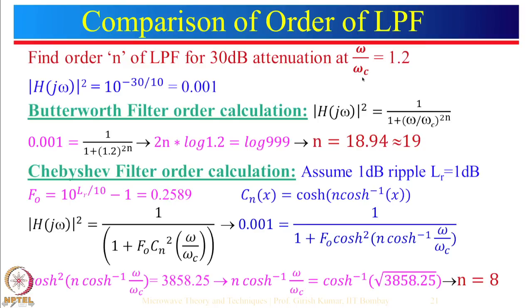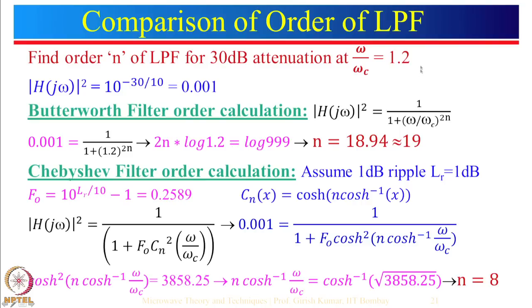Let us say the desired value is 30 dB attenuation at omega by omega c equal to 1.2. Just to mention, in our earlier slides we had mentioned this as omega 1. Please do not get confused, it is the same thing: omega by omega c, or omega 1 by omega c.